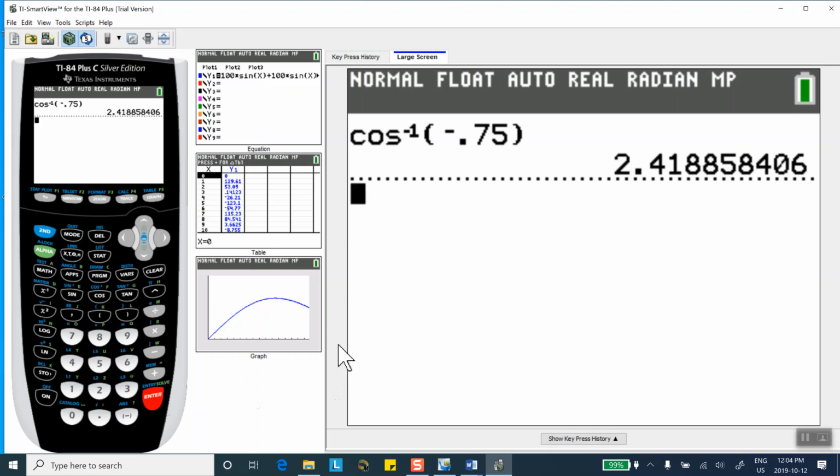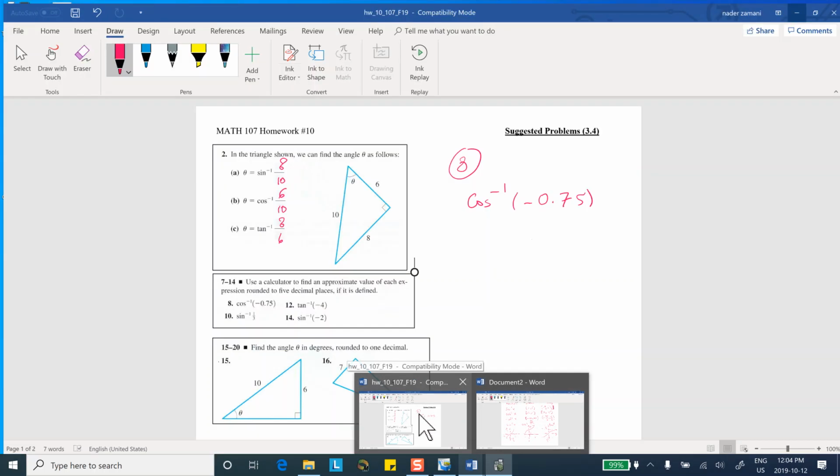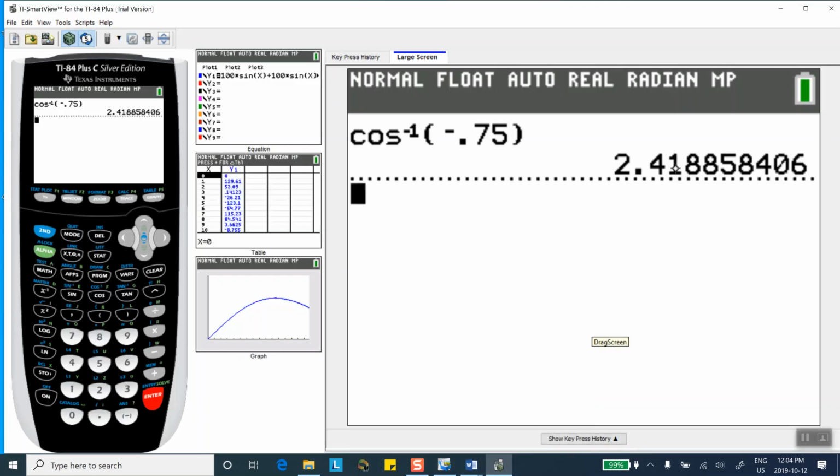It also says round this to how many digits? 5 decimal places. What that means is keep 5 digits after the decimal point. So if the last digit is 5, but because the number next to it is 8, this 5 is going to get rounded to 6. So the answer to this one is 2.41886.